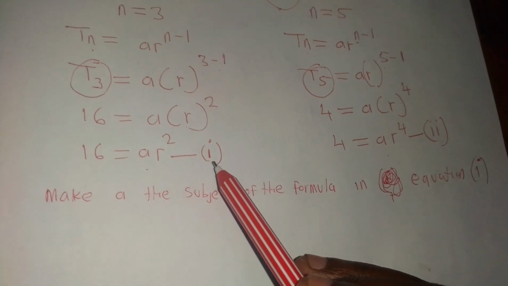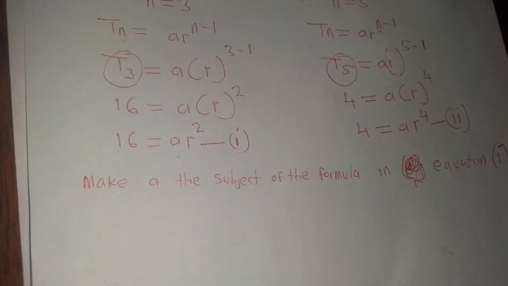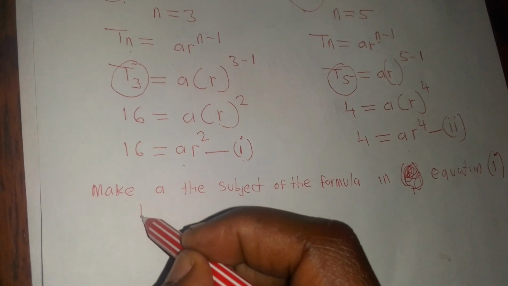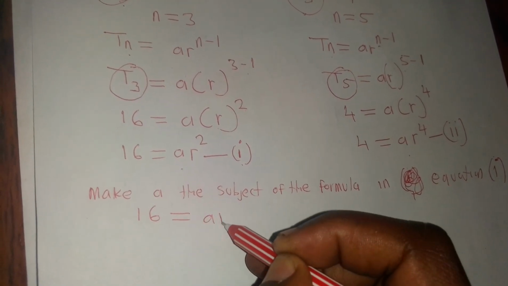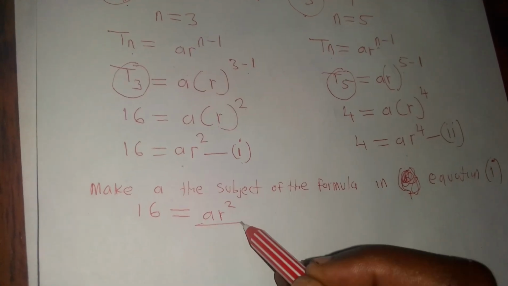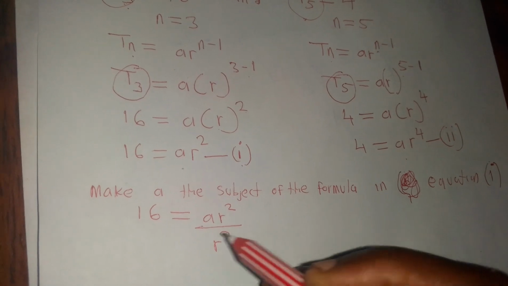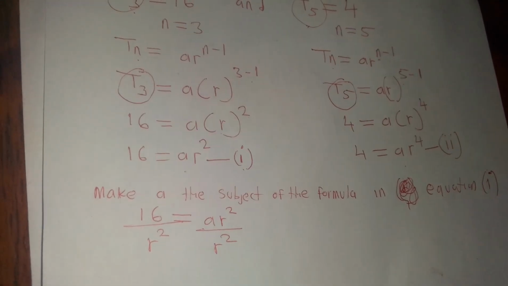You see that? So we want to make this A the subject. We have 16 equals A r to the power 2. To make A the subject, you say over r squared, over r squared.